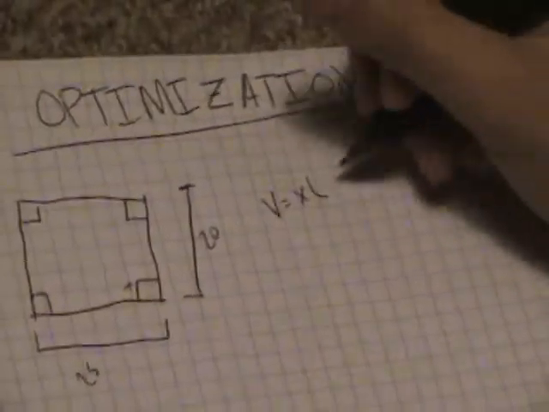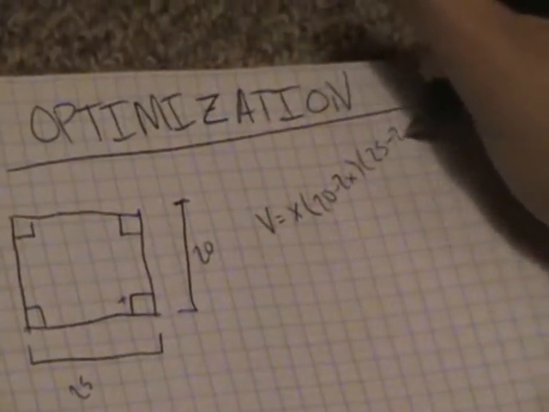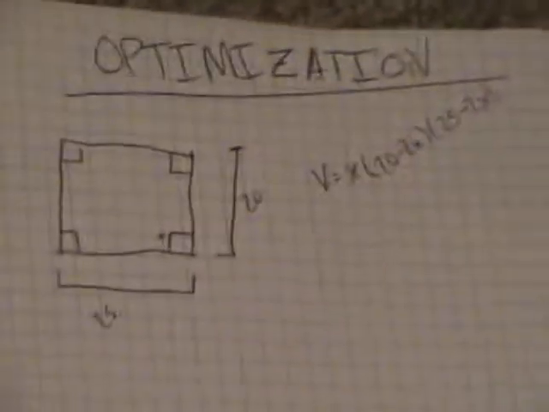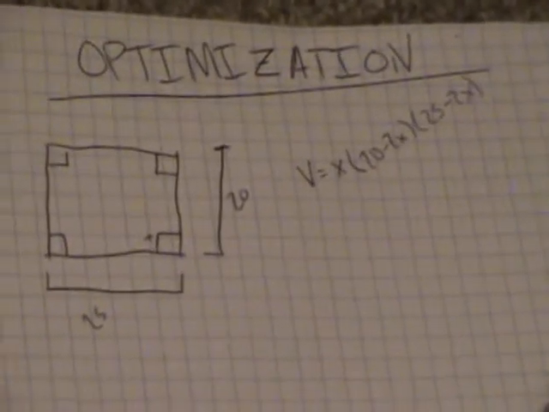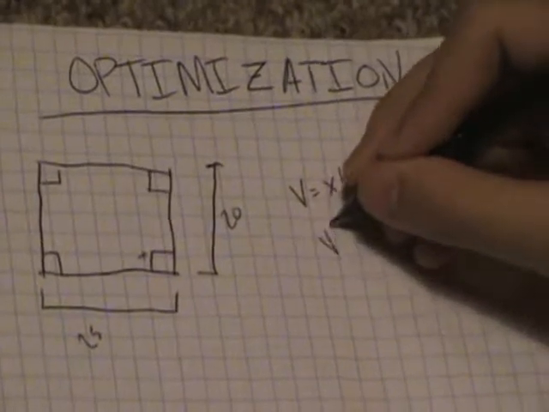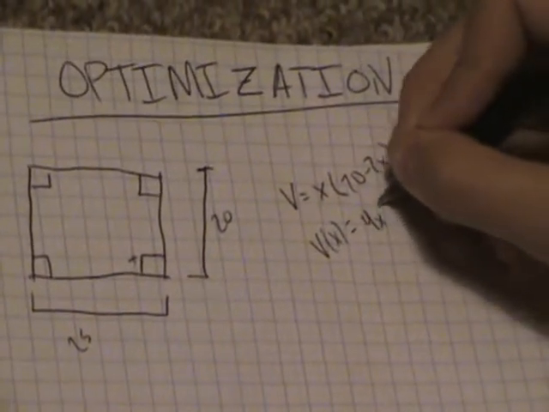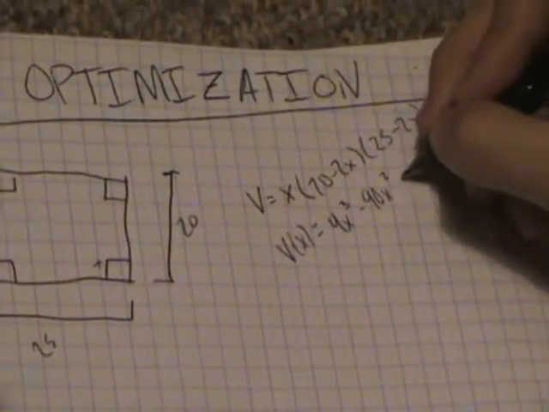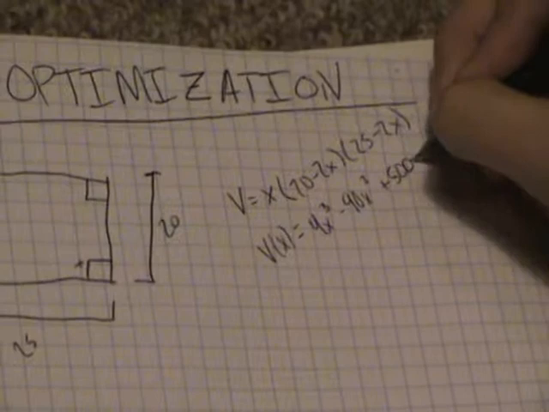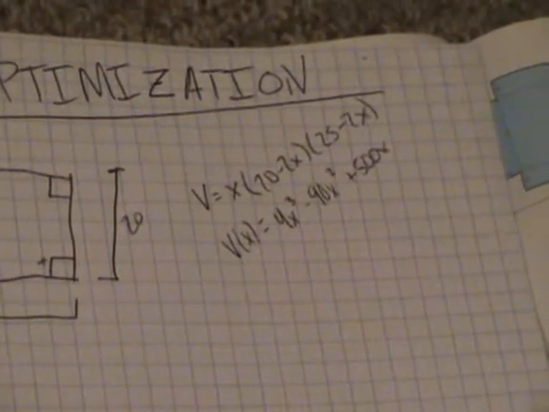So we should do 20 minus 2x, 25 minus 2x. This equation fully written out equals 4x cubed. I've done this beforehand, so this is just it foiled out: 4x cubed minus 90x squared plus 500x.